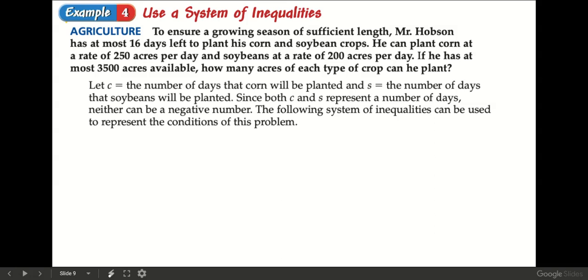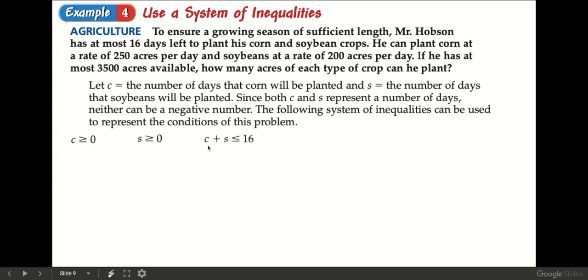The following system of inequalities can be used to represent the conditions of this problem. So we know that C, the number of days that he plants corn, has to be greater than or equal to 0, right? Because it can't be any negative number of days. Same with the number of days for soy. So those are two inequalities that we have.